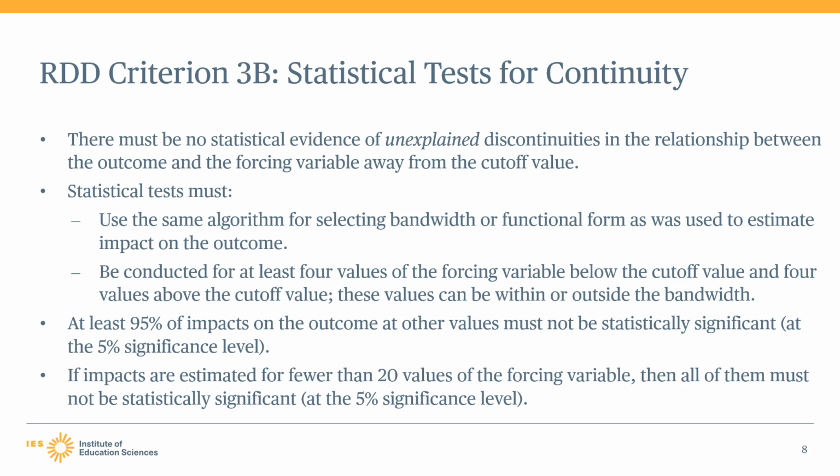This requirement accounts for the expectation that some estimates may be statistically significant due to type 1 error. If these impacts are estimated for fewer than 20 values of the forcing variable, then all of them must not be statistically significant at the 5% significance level.